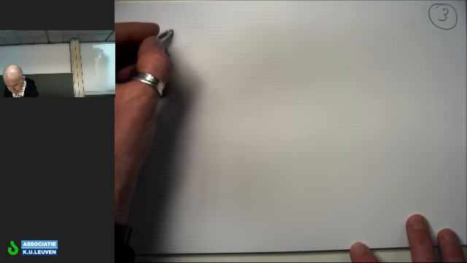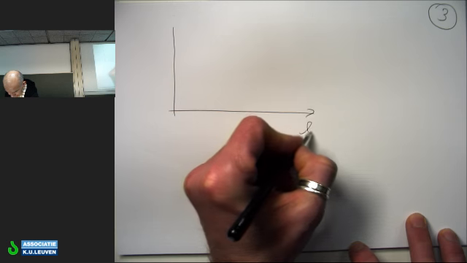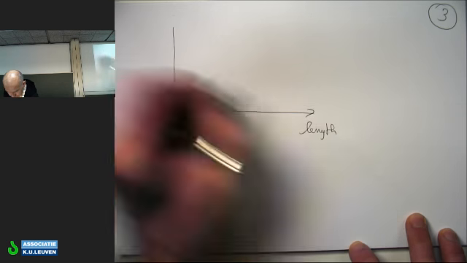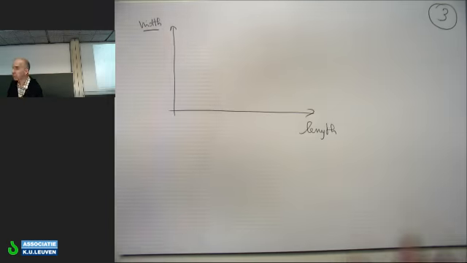Statistically also, and I'm going to keep it very simple, if I have a situation with a length variable and a width variable, what you really have to keep in mind is that I first have to see what the structure of that space is.